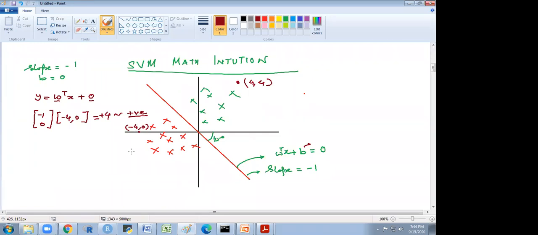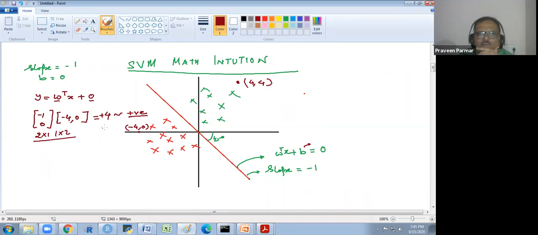Sir, this matrix should be the other way. I mean minus 4, 0 multiplied by minus 1, 0, right? Because currently it is 2 cross 1 and the next matrix is 1 cross 2, so we should have a 2 cross 2 matrix then. Yeah. So what we are getting?